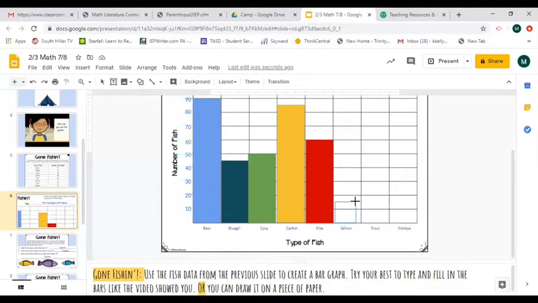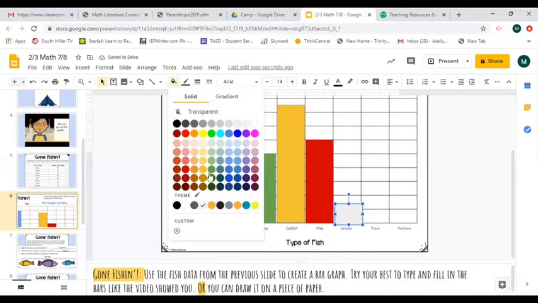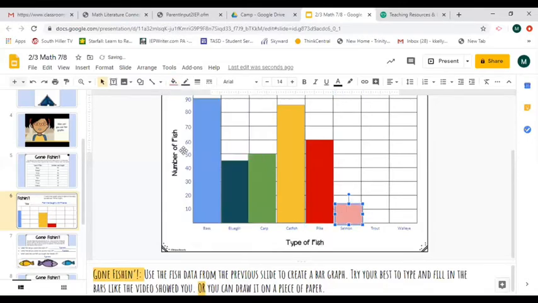And that looks like it's halfway in between. I'm going to fill that with a pinkish color because salmon are kind of pink. Okay, so there's my 15 salmon.